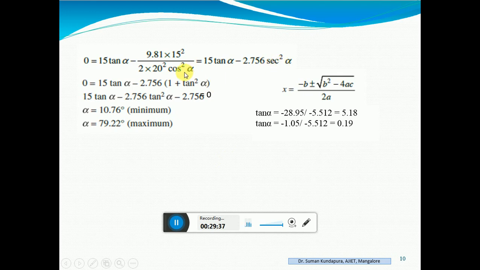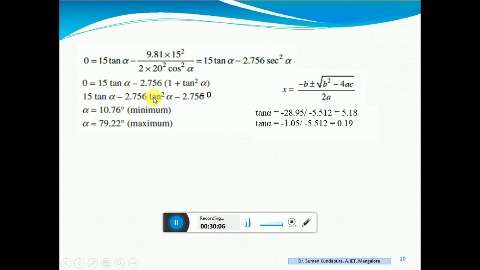1 by cos squared alpha is nothing but secant squared alpha, like the previous problem. Secant squared alpha is 1 plus tan squared alpha. Further, opening up the brackets, minus 2.756 minus 2.756 tan squared alpha is equal to 0. 15 tan alpha, this you will get as a quadratic equation like the previous case.